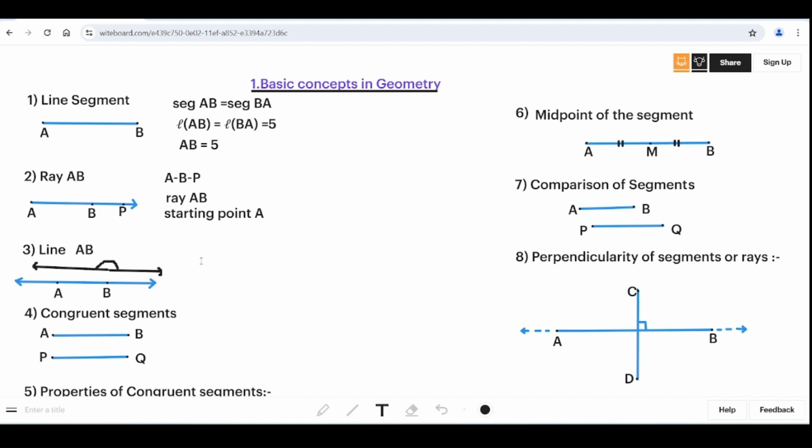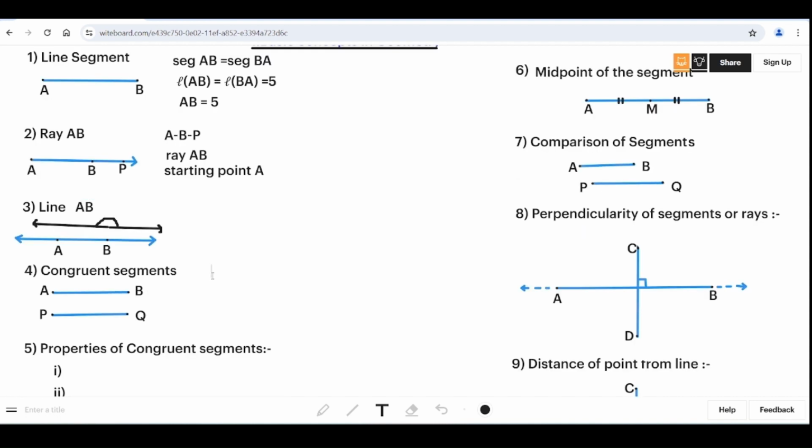It is simply said that it is line AB. So it can be said that segment AB is a subset of line AB, because line AB can continue with some more points. So it is called a subset. A line segment is a subset of the line.